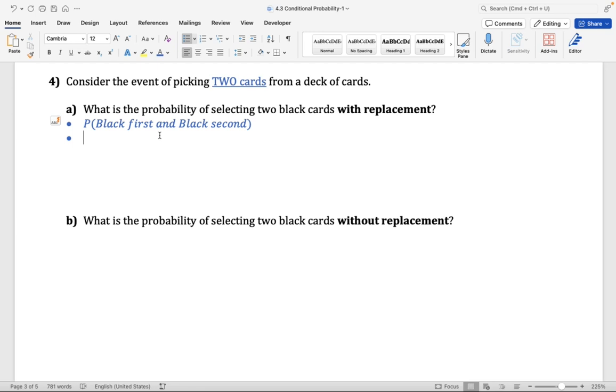And when I say combinations, I'm talking about all the possible combinations of selecting one card and then selecting another one. Think about it. You could get an ace of hearts and another ace of hearts. You can get an ace of hearts and a 2 of hearts. So you need to think about all the possible combinations to come up with the sample space. We're not going to do that method.